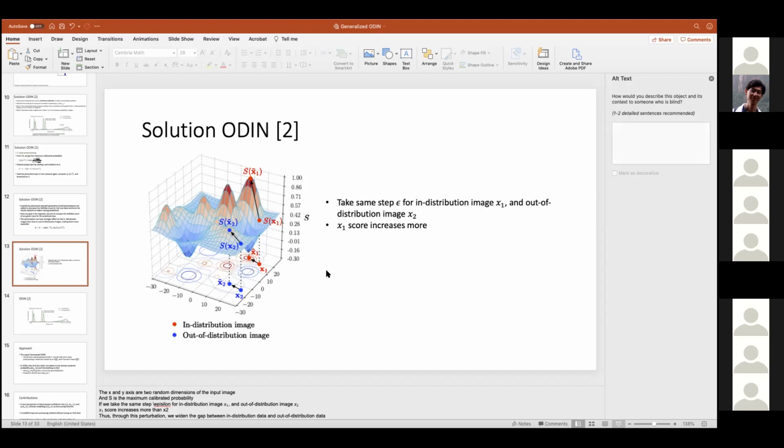And my understanding of the pre-processing is we first take a step of gradient descent to make the point x tilde closer to its target, so the in-distribution data and out-of-distribution data can be more easily distinguished.